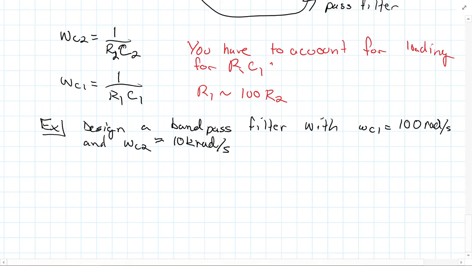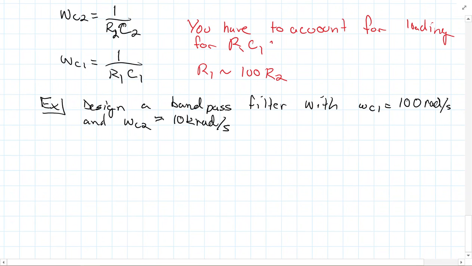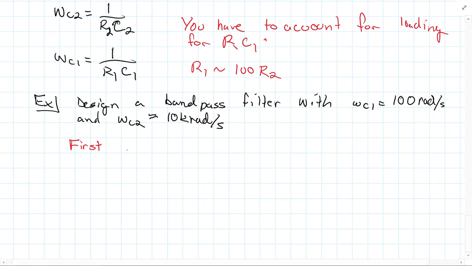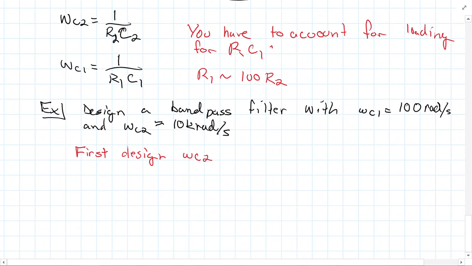Alright, so what I like to do on these, when I'm doing these, is first design omega C2. Because that's the one that I don't have to worry about loading effects. So we're going to design omega C2. So we have R times C is equal to 1 over 10 kilorad per second, which would be equal to 10 millirad per second.